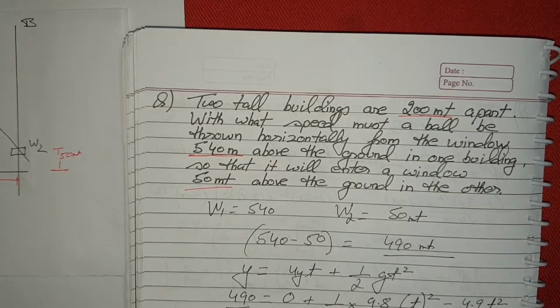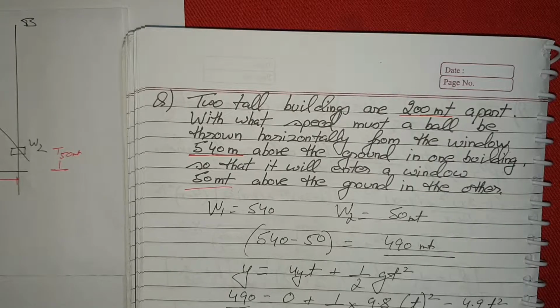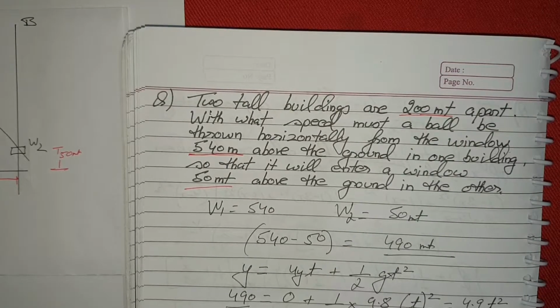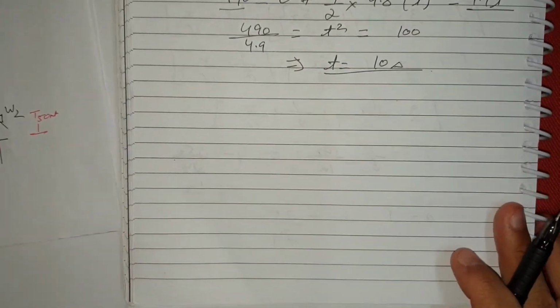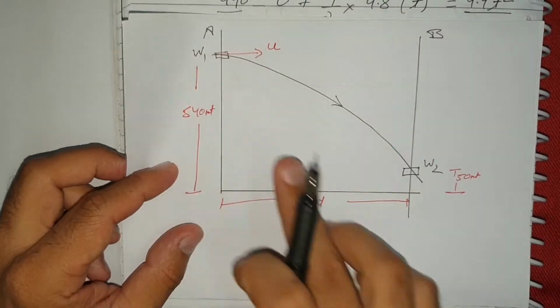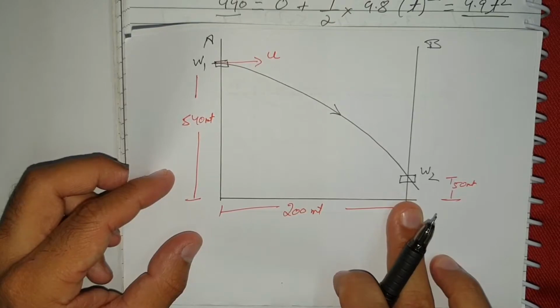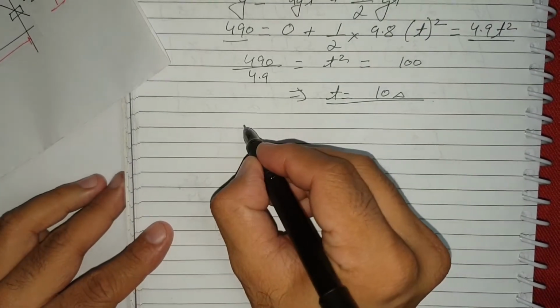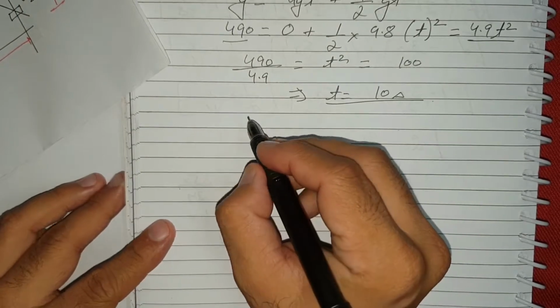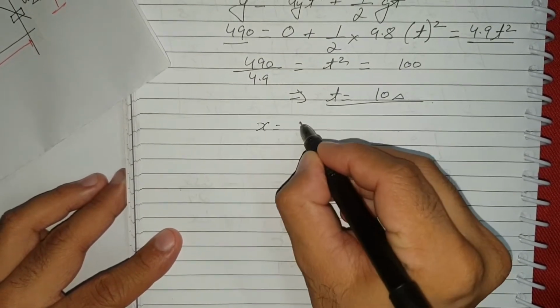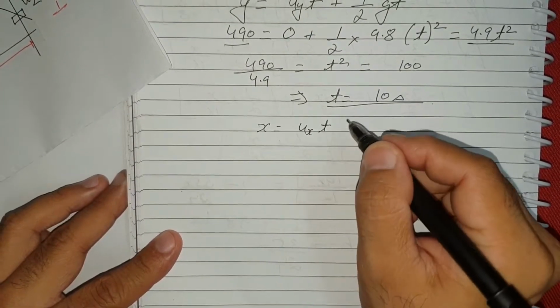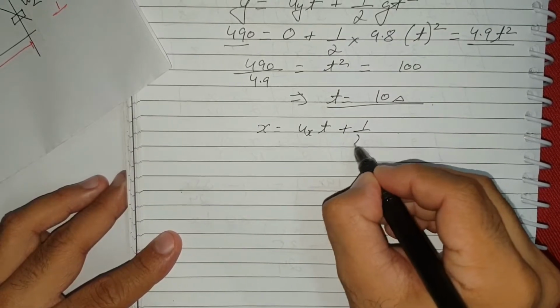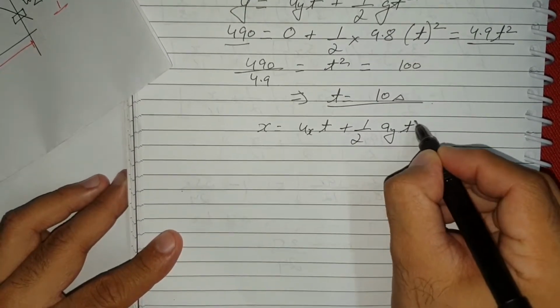Taking the motion of the ball from W1 to W2, for the horizontal motion, again the second equation of motion, x equals u_x t plus half a_x t square.